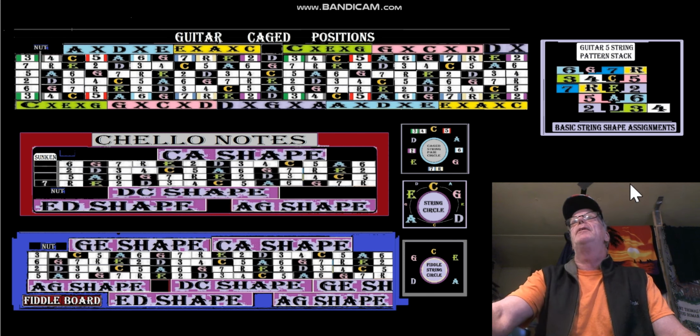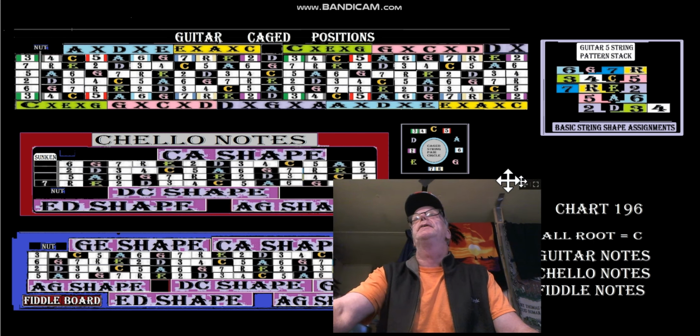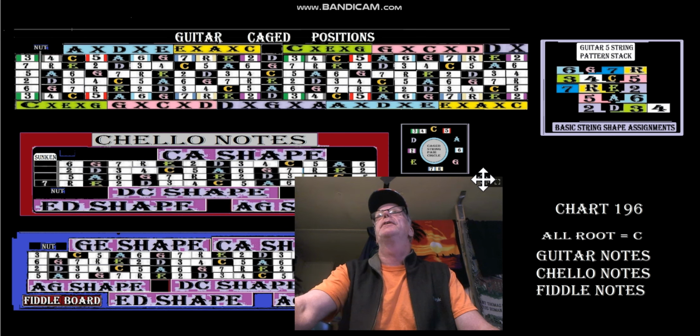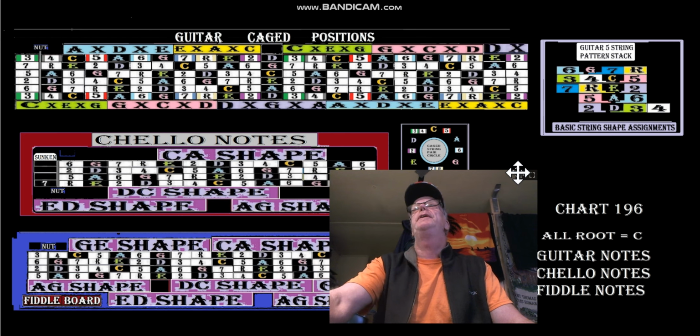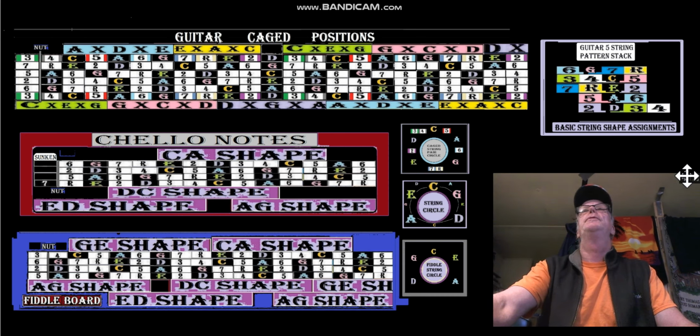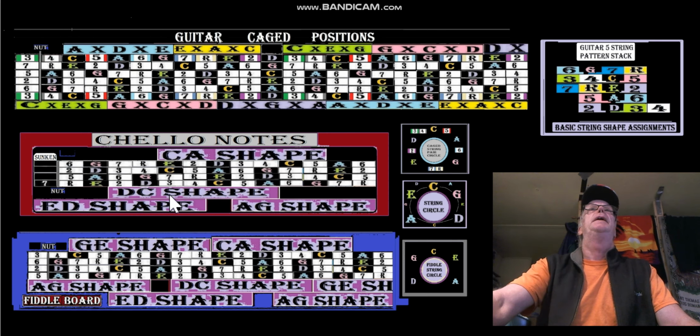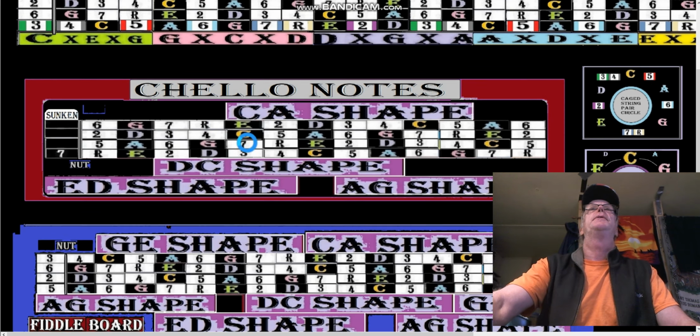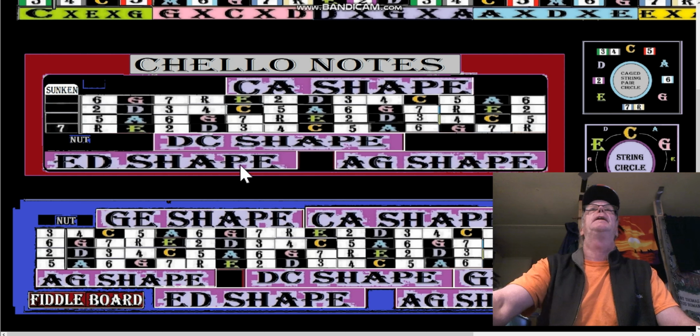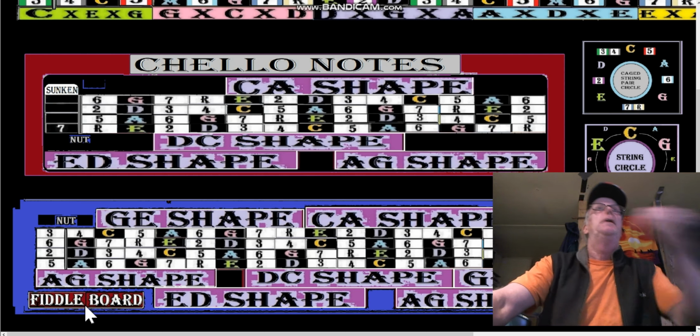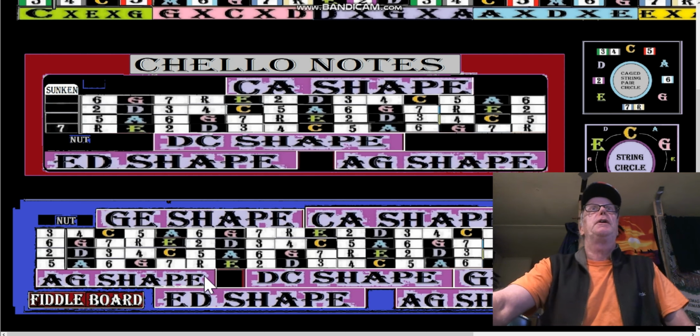here I have a chart I made earlier this year, chart 196, guitar, cello, and fiddle notes, all root C. And as you can see with the cello and the violin here, the fiddle, we have the double string shapes here. So these are in fifths now.